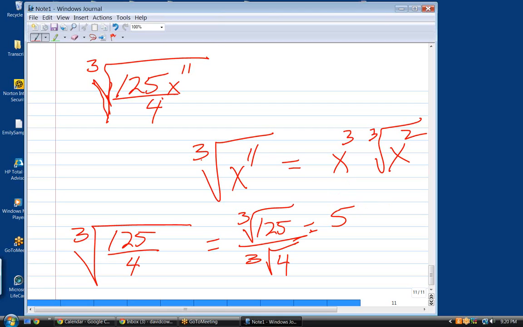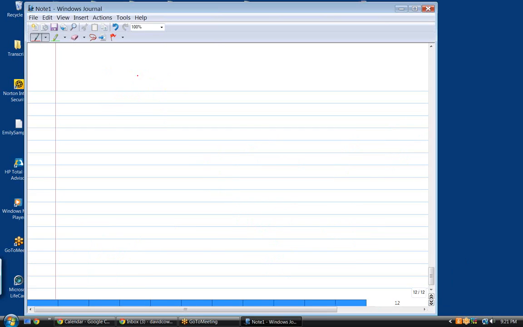Now, I'm not done because I got a 5 up there and I got this irrational number down here. I guess we need to rationalize. When you rationalize numbers that are cube roots, there's a better way to write it. That's the same as the cube root of 4.